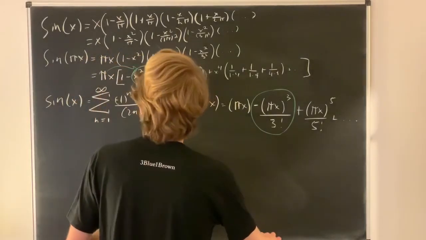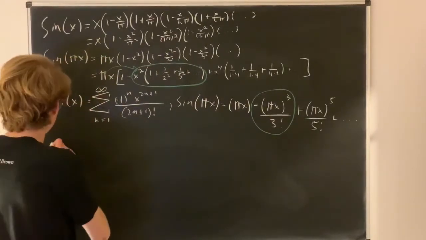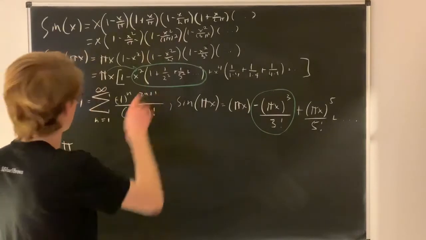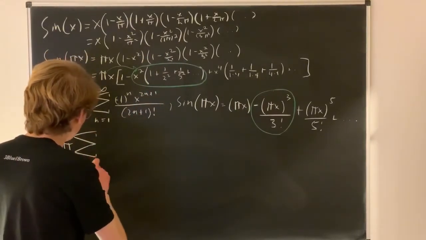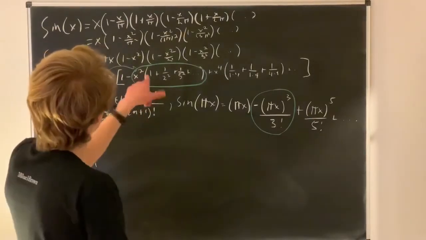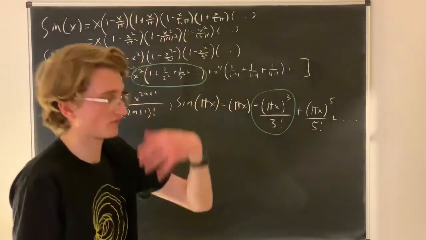So, we then can say, okay, we know that negative pi times, now what is this? Well, you might have noticed it is the very thing we were trying to solve for: 1 plus 1 over 2 squared plus 1 over 3 squared plus 1 over 4 squared plus 1 over 5 squared.